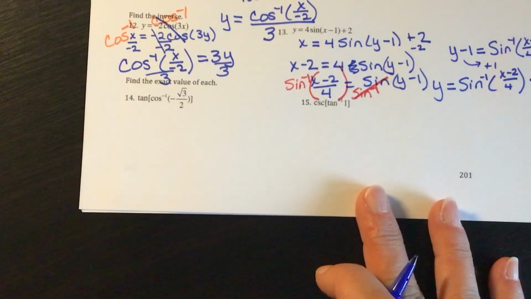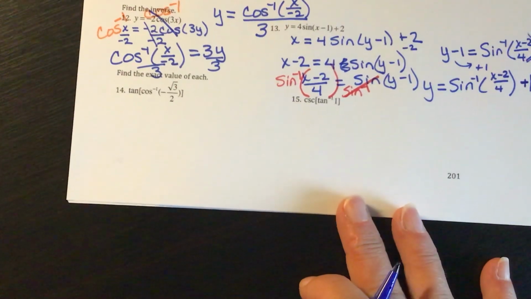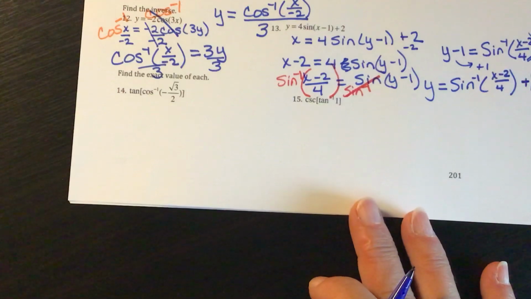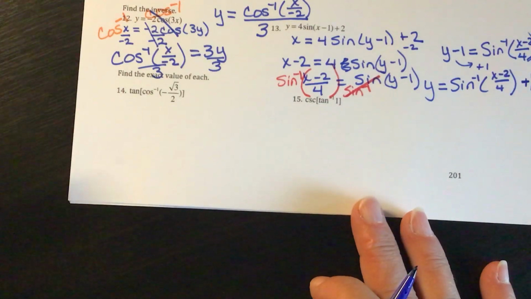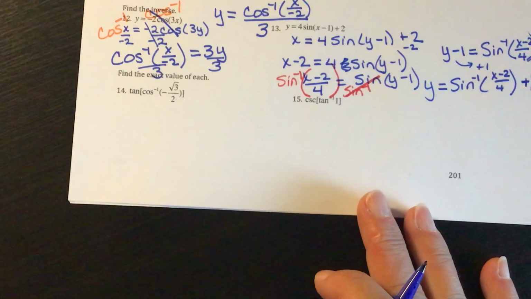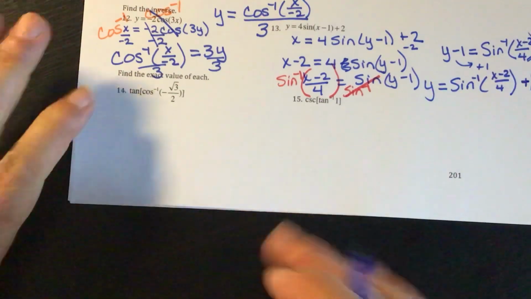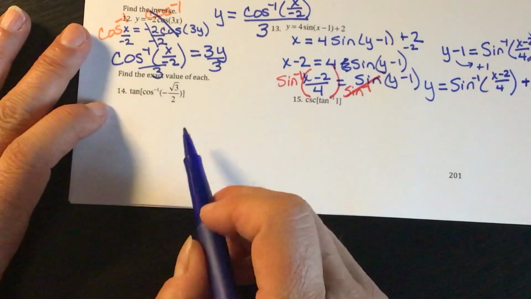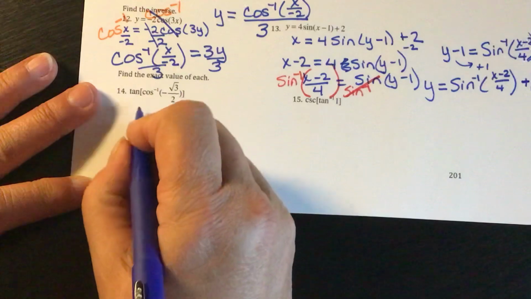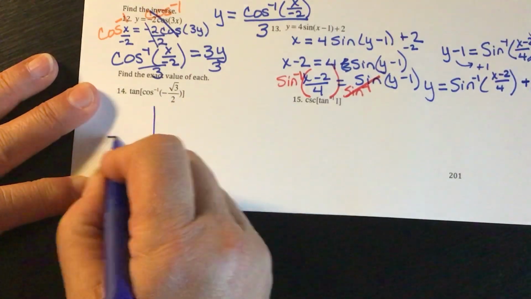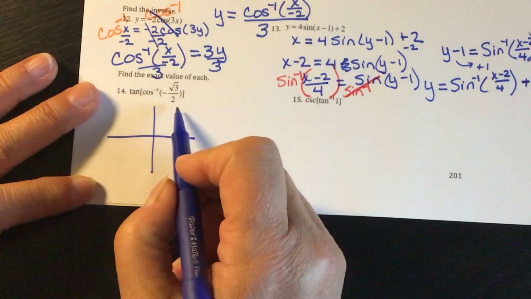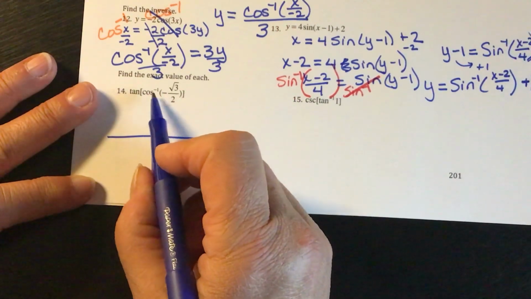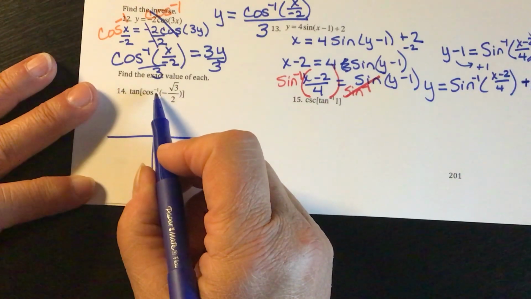Number 14 says to find the exact value of each. And I think some of these are easiest to do on a unit circle, or label the triangle on the unit circle. So in this case, negative square root of 3 over 2. And I want to know what cosine has a negative square root of 3 over 2.